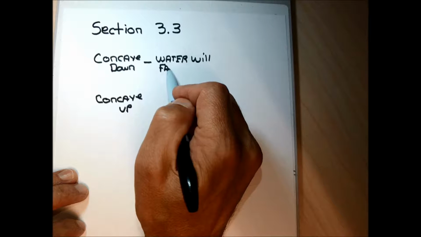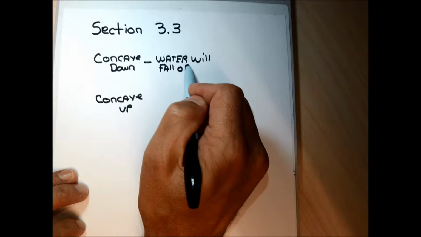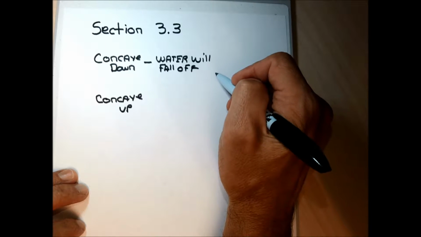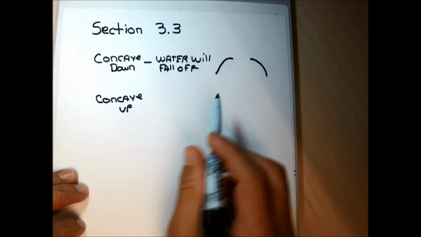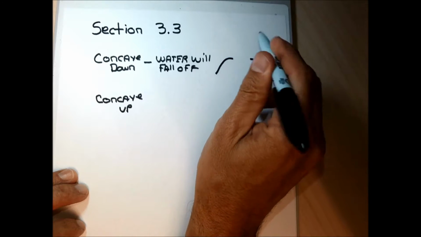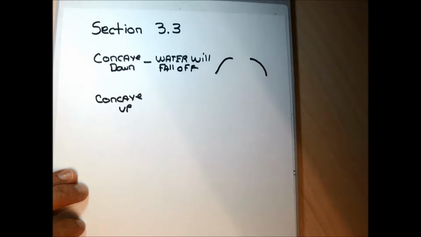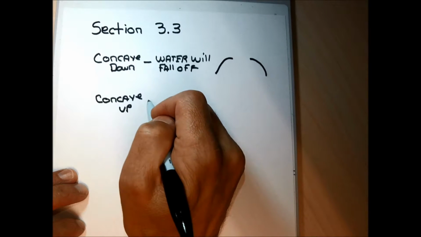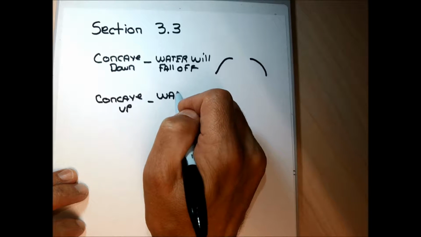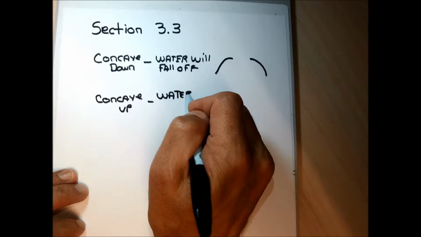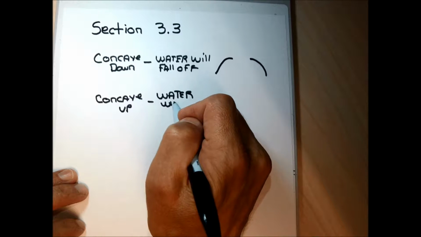I don't know if this is the best definition, but something that's kind of bent over like this or like that, those will be concave down because if water was falling on those, it would just fall off. And then if a region of a graph is concave up, water will puddle, I guess, or it'll catch water.